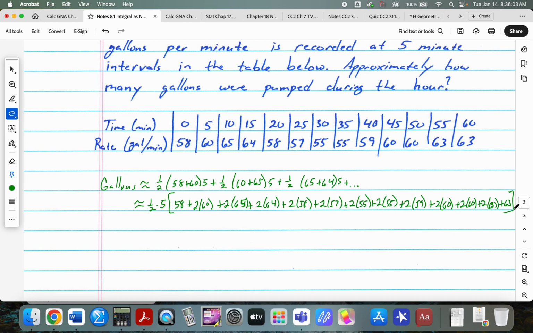Let's see. 58, good. 130, you can do the minimum. 128. Honestly, I wouldn't be surprised if I made human error. Oh, I skipped one. Instead of doing 2 times 63 plus 63, I did 3 times 63.